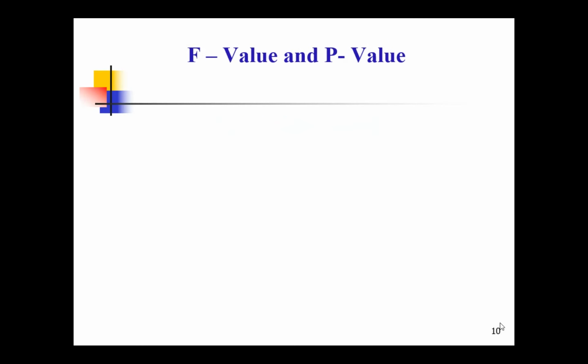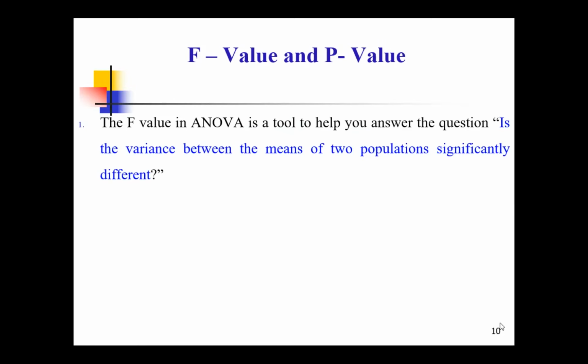So what is meant by F value and P value? Because these two values we are going to use in our table. The F value in ANOVA, that is the Fisher value in ANOVA, is used to answer the question: is the variance between the means of two populations significantly different? So ANOVA is to determine the variance between two input parameters over an output.